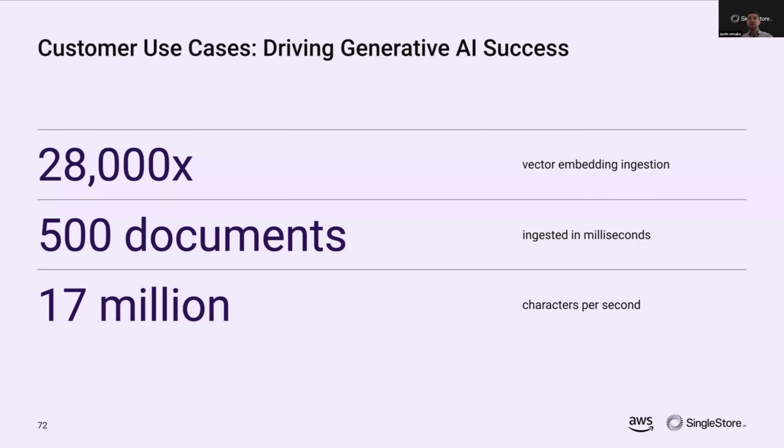Take the bottom one, 17 million characters per second. Sounds like a big number, right? But what does that ultimately translate to? If you or your children ever read the Harry Potter series, Harry Potter has 7 books in it. And if you translate 17 million characters, that's like reading the entire Harry Potter series, all 7 books, 3 times over. That's not in minutes, that's per second.